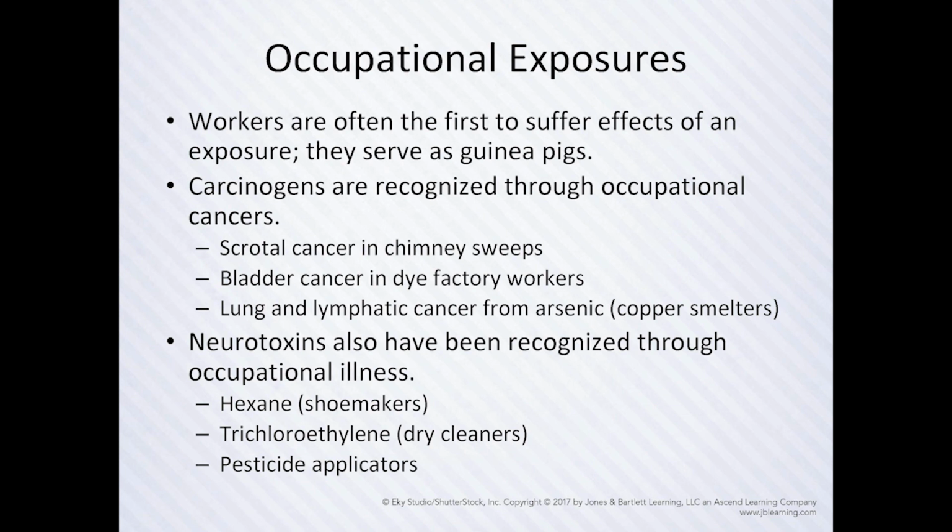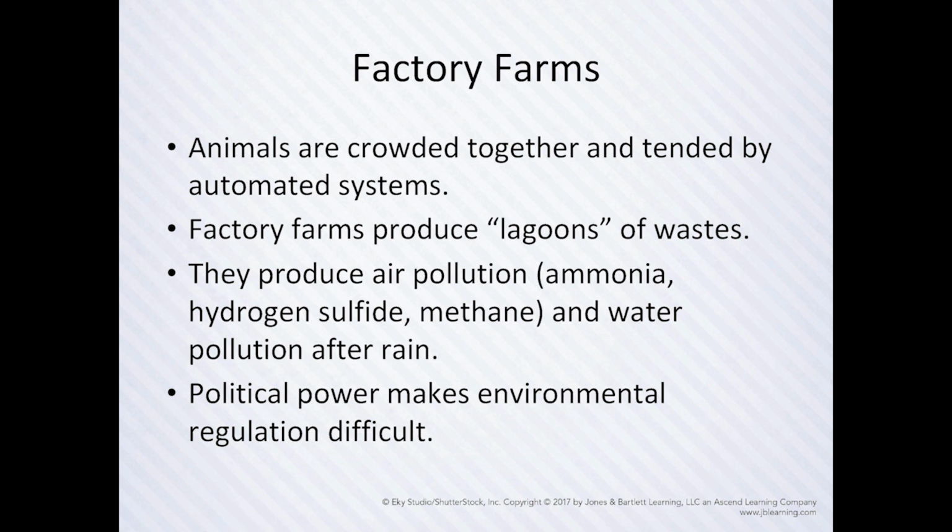Common carcinogens, bladder cancers, lung cancers, lymphatic cancers, neurotoxins, all these things are in the occupational environment with very little toxicology data available. So many times workers are called guinea pigs.